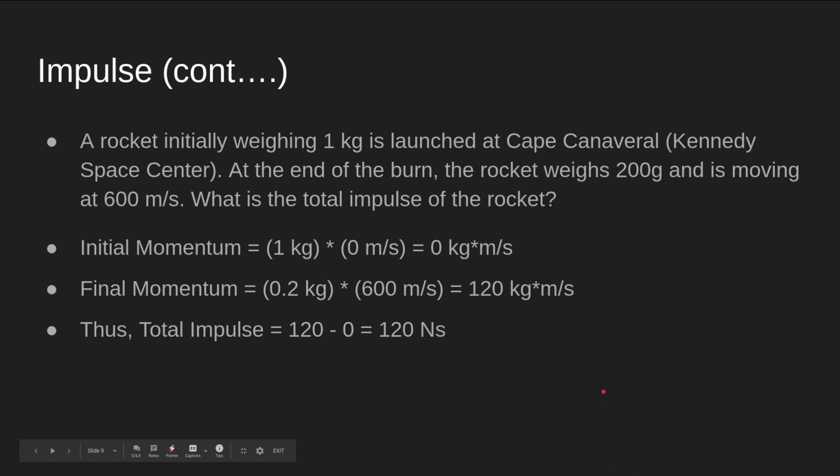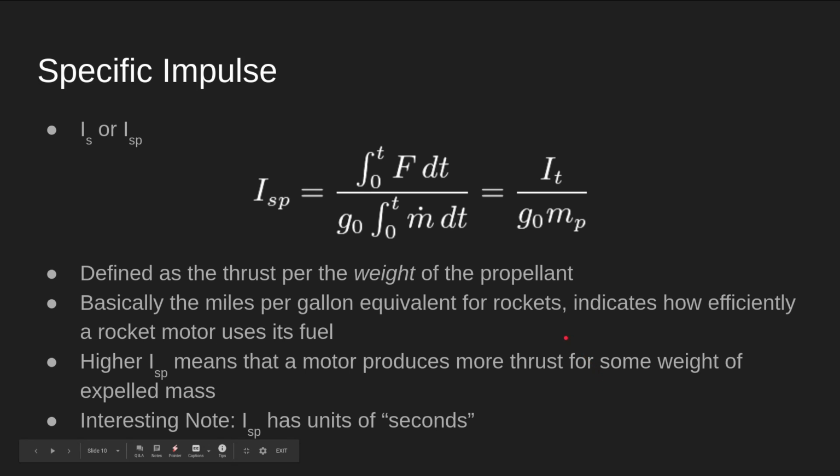Okay. So I guess next thing we'll explain the concept of specific impulse. So specific impulse is denoted by Is or Isp, and it's defined as the integral of force over the gravitational constant. Yeah, I'll talk about that later. Divided by the integral of the mass flow rate, both with respect to time. So again, if you remember from earlier, this top integral here is just the total impulse, and then this integral here just represents the mass of the propellant of your rocket.